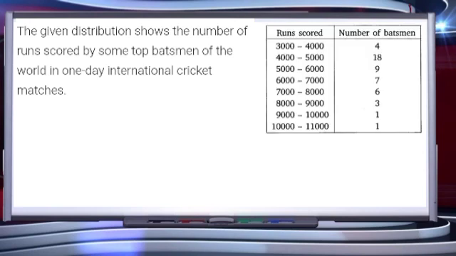The table shows runs scored and the number of batsmen. Between 3000 to 4000, four batsmen were there. 4000 to 5000, 18. 5000 to 6000, and similarly the rest of the data up to 10,000 to 11,000. Find the mode of the given data.